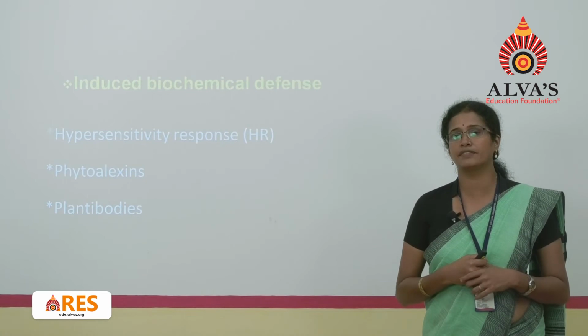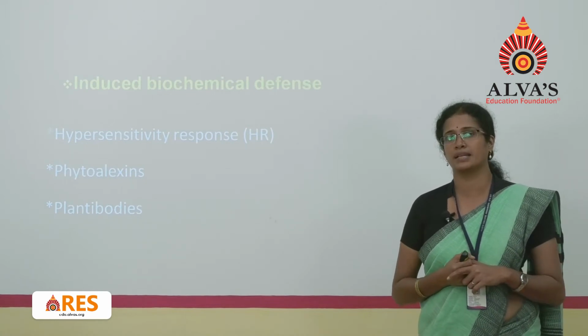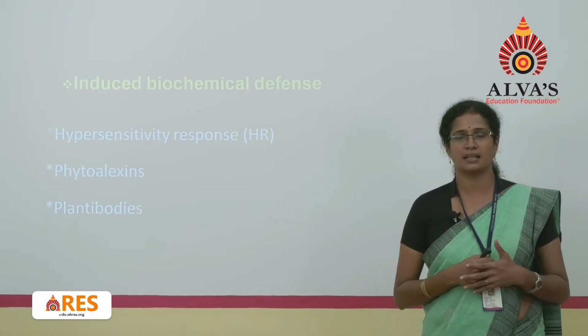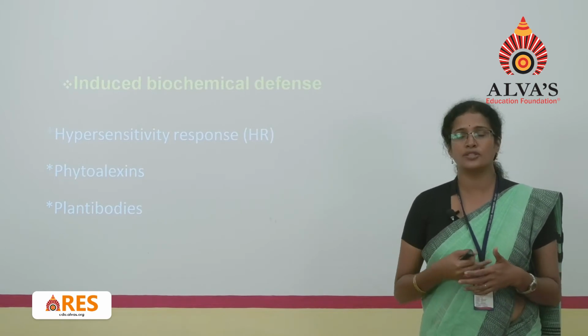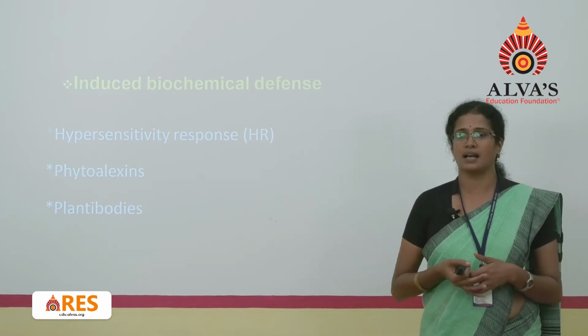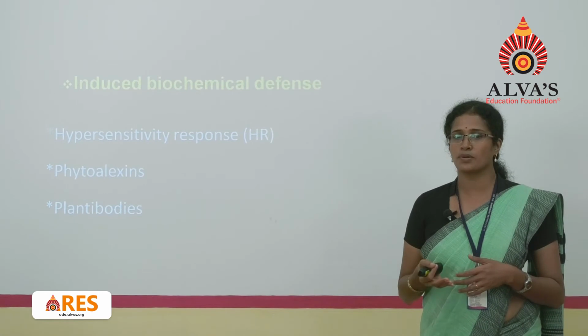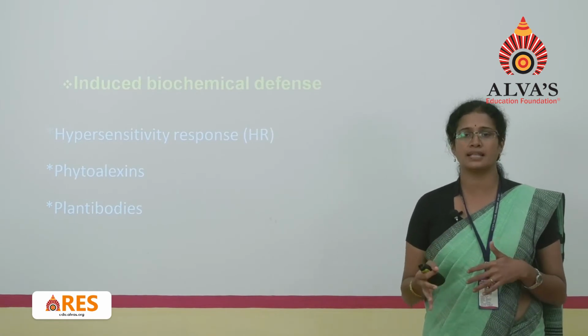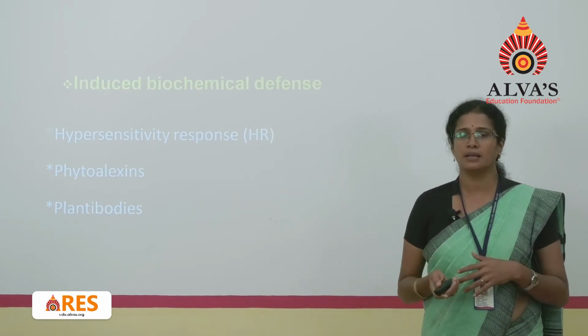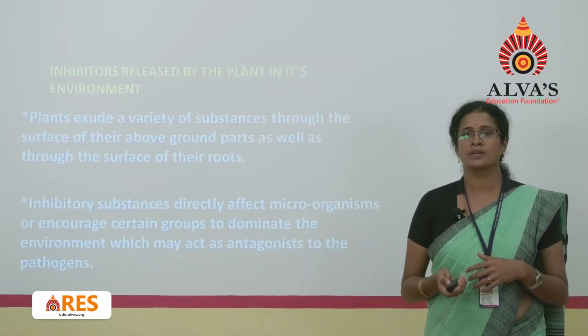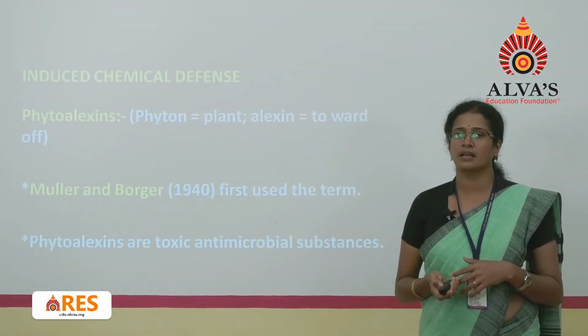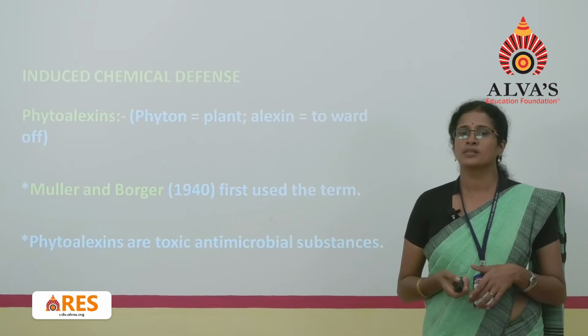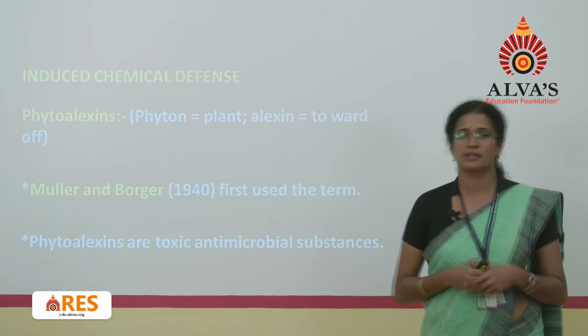Now, what are the different induced biochemical defense mechanisms? The different types of induced biochemical defenses are hypersensitivity response, production of phytoalexins, or it might be the plantibodies. So, moving on with the first one, phytoalexins. So, what are phytoalexins?